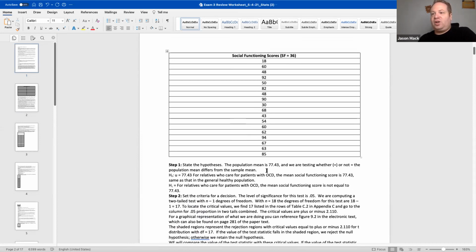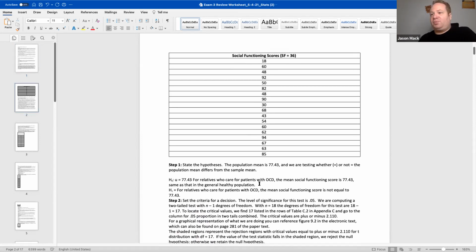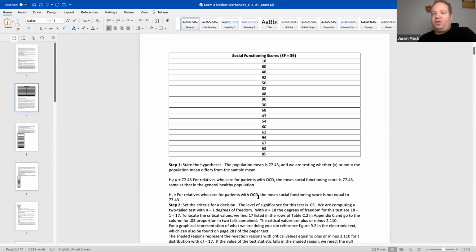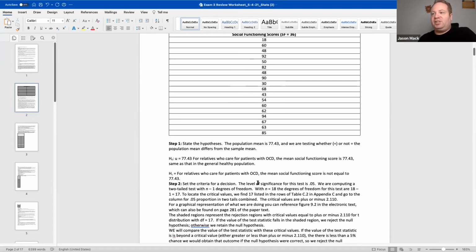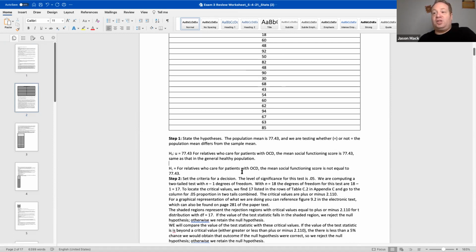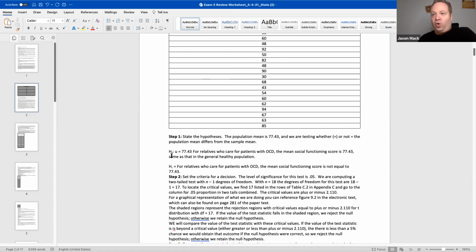First, we're going to start with stating our hypotheses. Let's break that down and walk through that. First, state the hypotheses. The population mean is 77.43, and we are testing whether it is equal or not equal to the population mean, which differs from the sample mean. Therefore, the null hypothesis is that the mean is equal to 77.43.